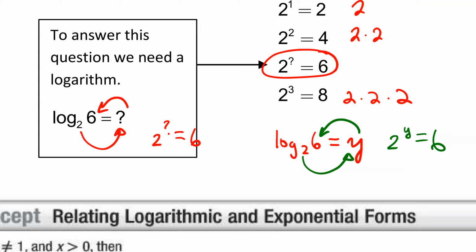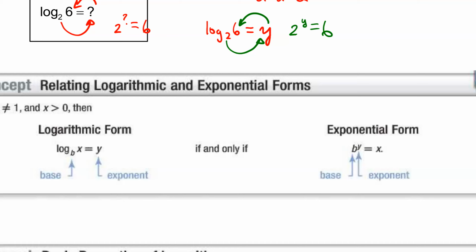So more or less, what I'm trying to show you is this next part, relating log and exponential forms. We have a base b, our exponent is y, and then x is what it is equal to. So you always go b to the y is equal to whatever's inside. So this is literally just b to the y is equal to x.